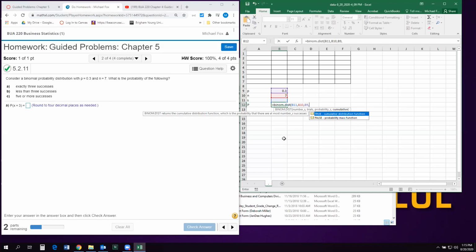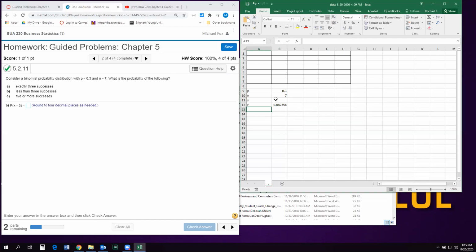So when we want to find an exact number, we put FALSE in here. And then we put our S of 3. So the probability of 3 successes out of 7 tries, when the probability of any one success is 0.3, is 0.226895. Now this wants 4 decimals, so I'm going to go ahead and have Excel do the rounding for me.